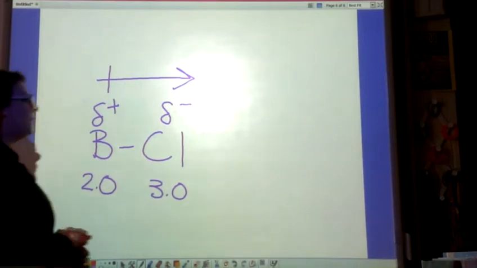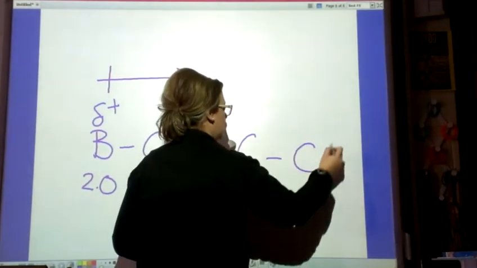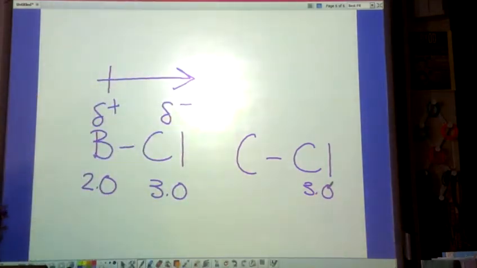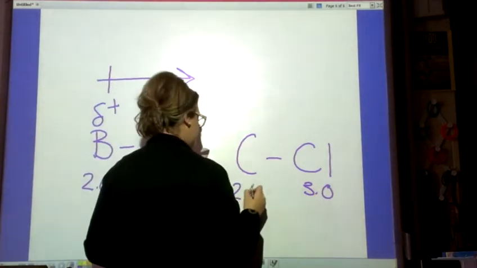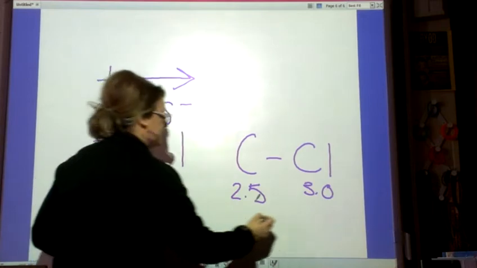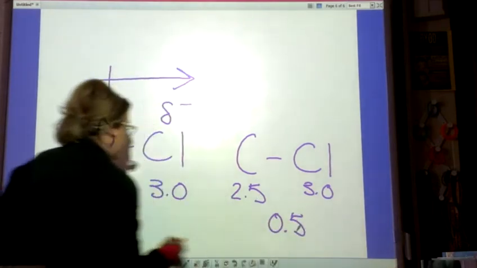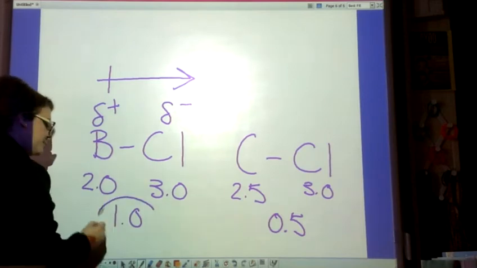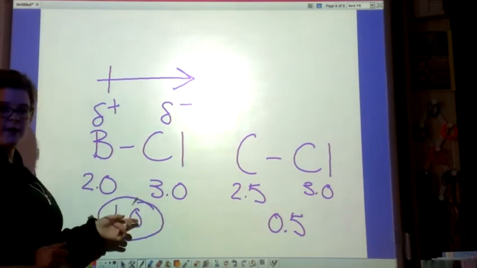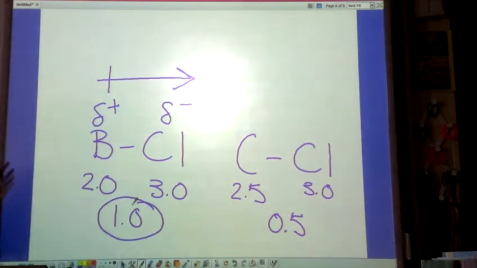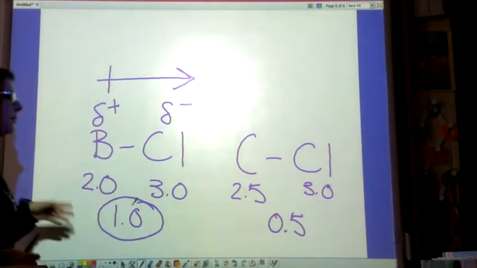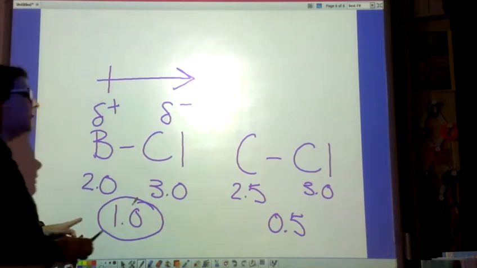I can do the same thing for carbon and chlorine. Chlorine, we said, was 3.0, and carbon is 2.5. So that electronegativity difference is 0.5. Remember that we said that BCl is going to be a more polar bond, and I proved that too by showing that electronegativity difference. So we can think about it logically using the periodic table, or I can show it with math, and either explanation will be fine.